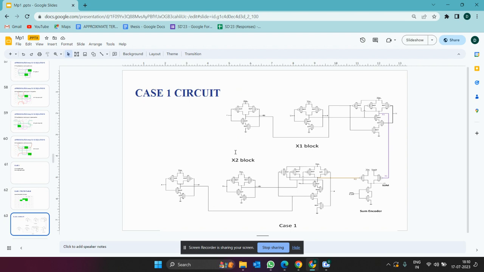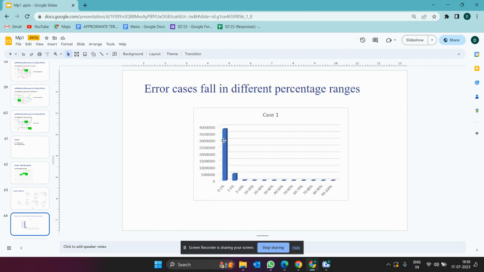Based on this table we have drawn the circuits for case 1, and considering case 1 we have got the error analysis for all cases. These just fall under 0 to 1%.